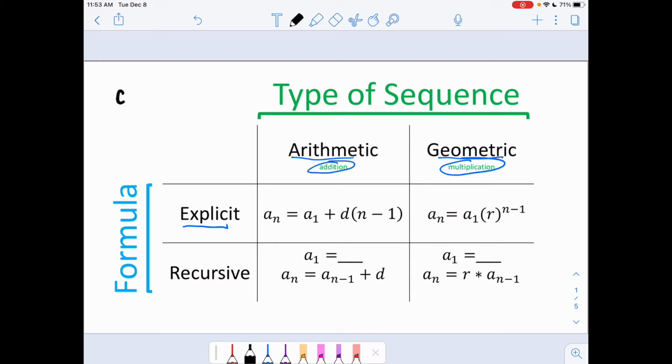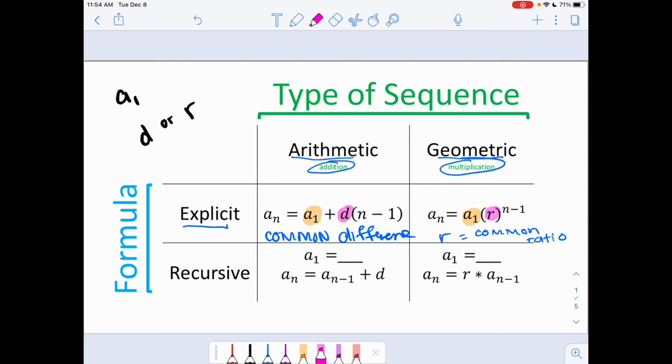They are composed of an initial value and their pattern, which is either represented by a D or an R. When we're looking at the arithmetic formula, that D stands for common difference. When we're looking at a geometric formula, that R stands for common ratio. So remember, initial value, A sub 1, and then our pattern.